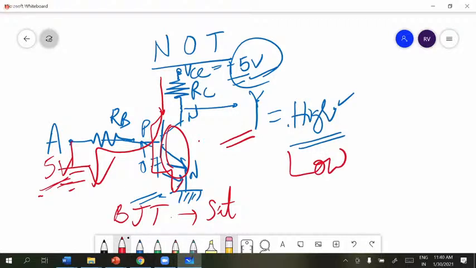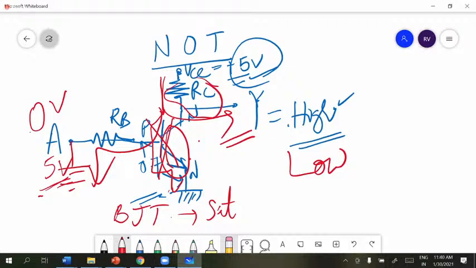Just two things you have to remember. When you give 0 volts here, which is less than this constant voltage, the transistor goes to cutoff condition. It is acting like an open circuit, so whatever is available, you are able to see the output here, across this load resistance.